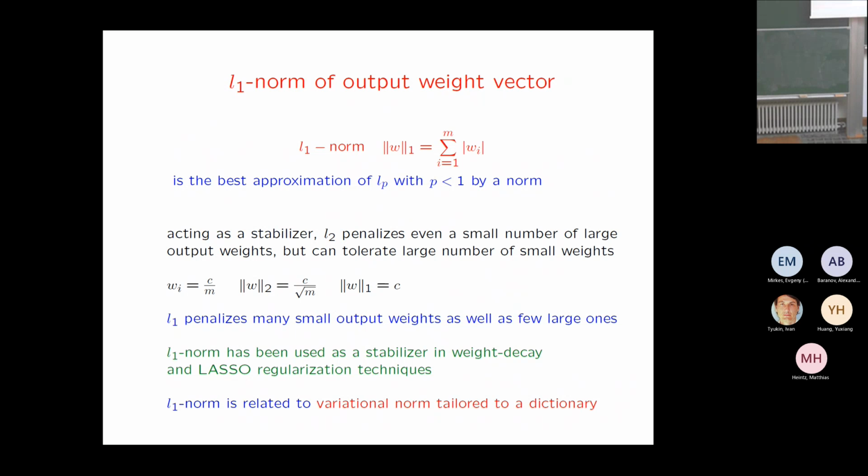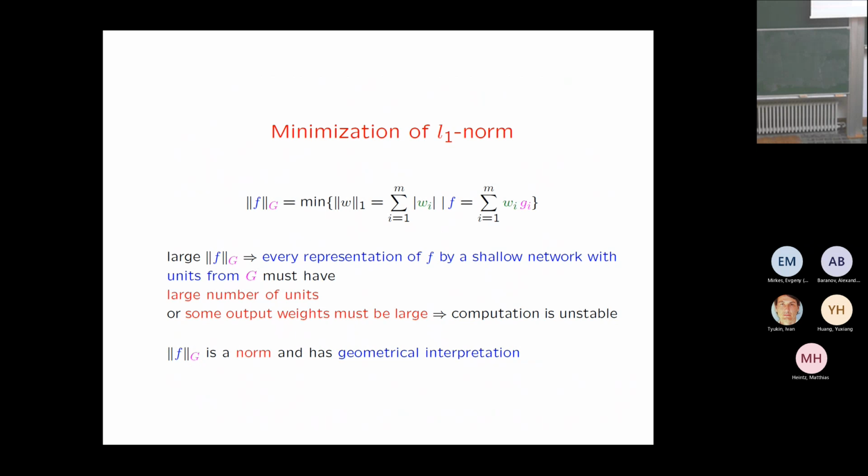But why I am now interested is that it is really related to my favorite concept of variation norm. So let's consider a function f and consider all exact representations in terms of linear combinations of functions from some bounded set G. And if the set G is overcomplete and there exist a lot of them, we can look at all L1 norms of such representations, and we can of course minimize.